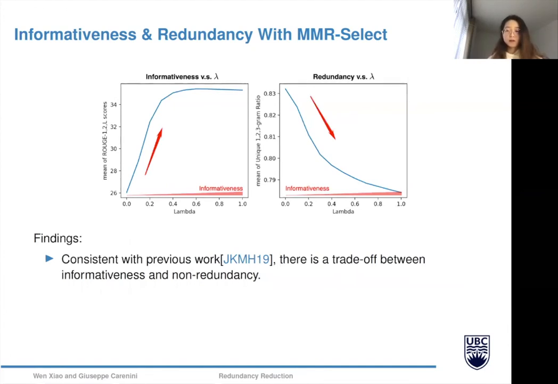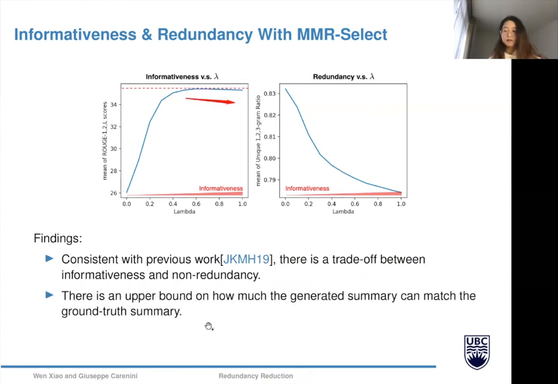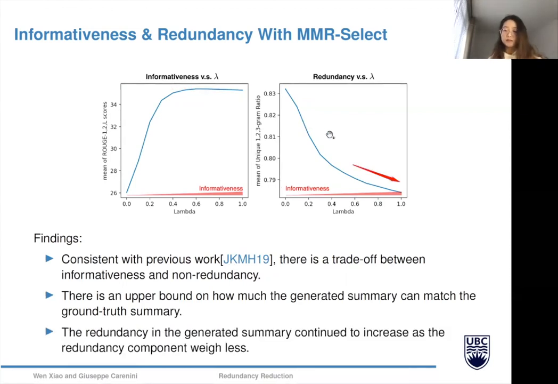First, consistent with previous work, we find there is a trade-off between informativeness and non-redundancy. And then we found an upper bound on how much the generated summary can match the ground truth summary. But the redundancy continued to increase. It indicates the necessity of applying redundancy reduction methods.